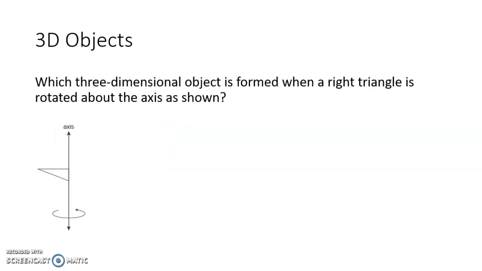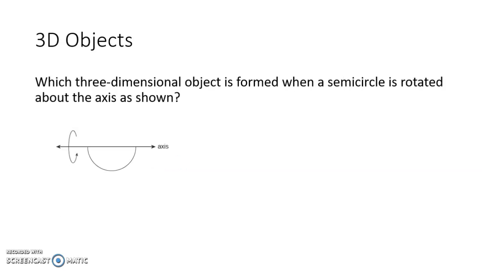For this one, we've got a right triangle being rotated around, so it will make a cone. And then for this one, we've got a semicircle being rotated around, which means that it will make a sphere.